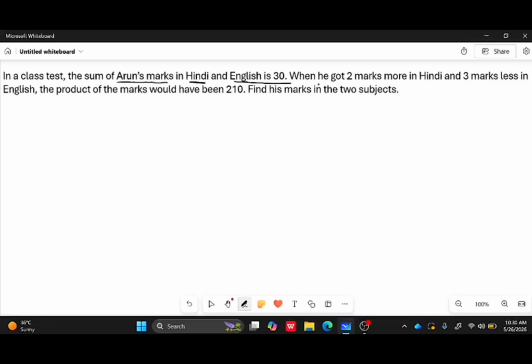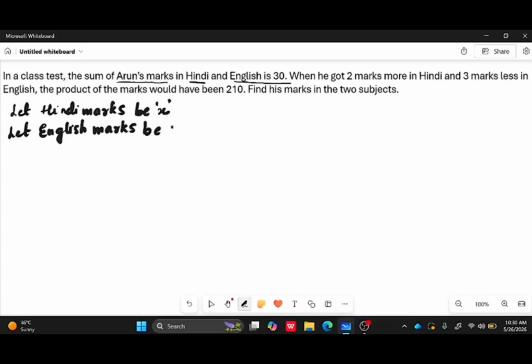So we'll consider, let Hindi marks be X. Let English marks be Y.